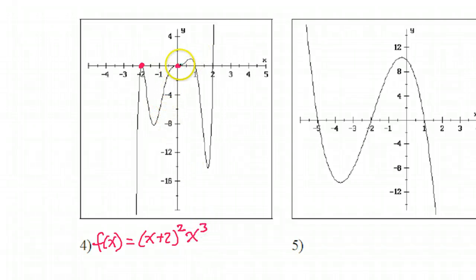It curves in and it curves out. So that's an inflection, so that'll be third power. But then it comes back and has another one here. All right, at positive 1, so that's x minus 1. And we have even one more at positive 2, so that is x minus 2. So that is number 4 for you.